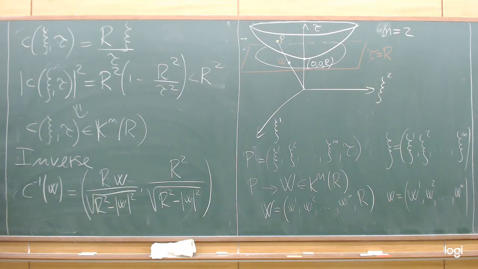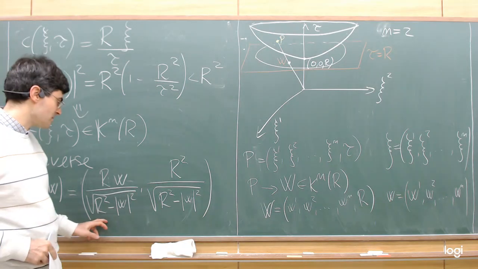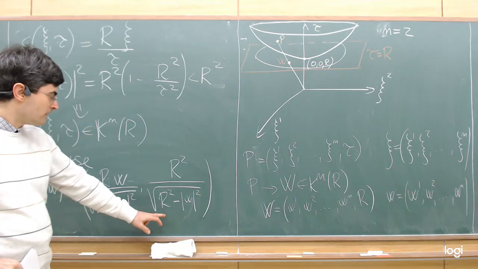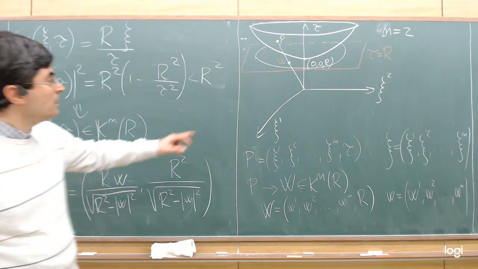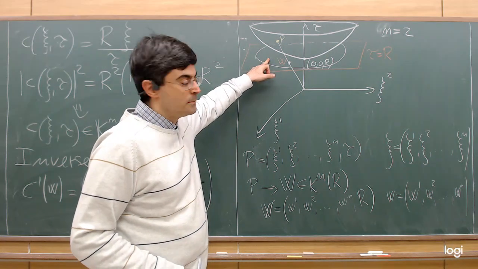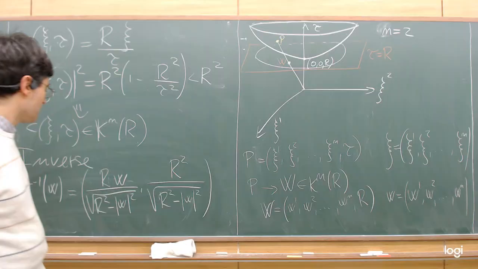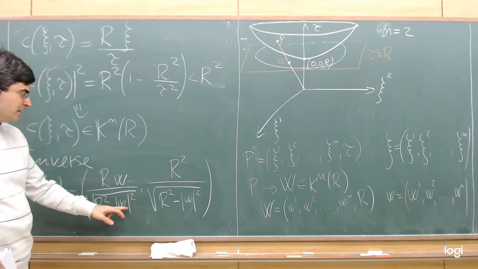Also in this case we get easily that this is a diffeomorphism. Why? Because we are working on the open ball of radius r, so the denominator never vanishes.